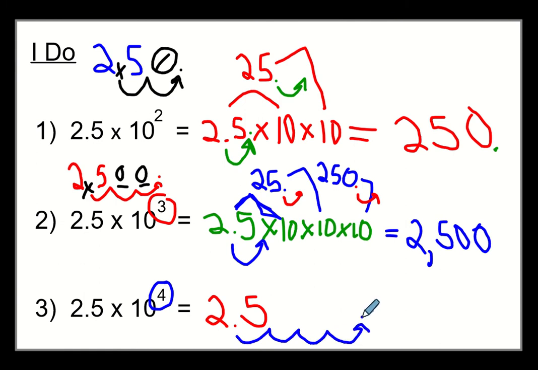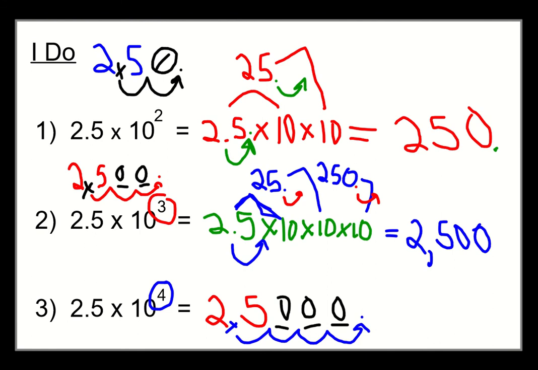I'm going to drop that decimal off and cross out that old decimal. Now I have some blank spaces that I need to plug in with zeros to serve as place value holders, if you will.